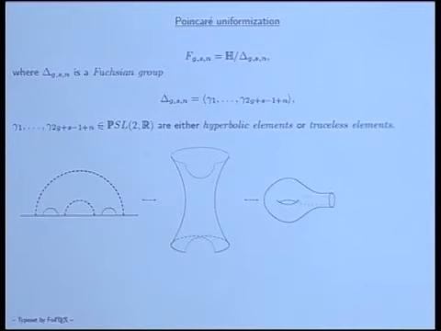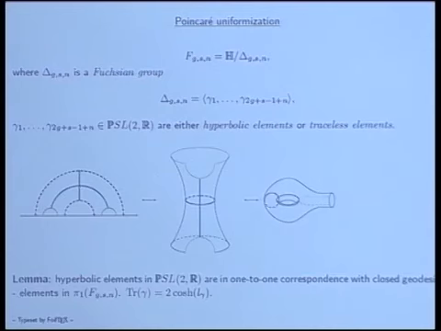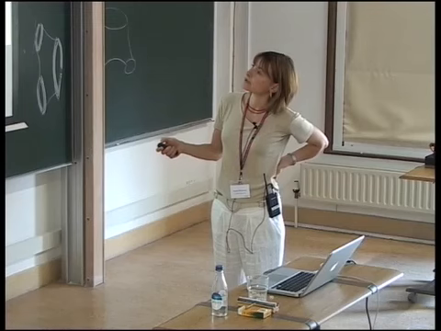I told you before that I'm coordinatizing the Teichmuller space by geodesic lengths. What's the link with the elements in the Fuchsian group? The link is based on the following lemma. For every element in the Fuchsian group, we have an invariant axis.